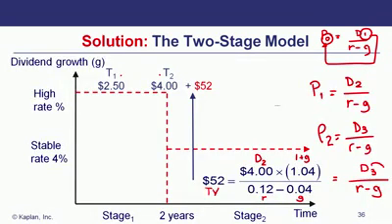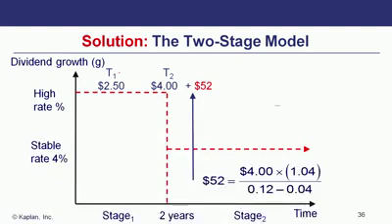So whichever dividend you've used, you get the terminal value 1 period earlier. Hence, I've got D1 at time 1 of $2.50, D2 at time 2 of $4, and then the terminal value at time 2 of $52. That is the value at time 2 of D3 onwards.